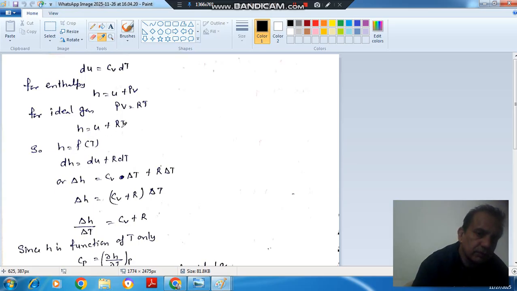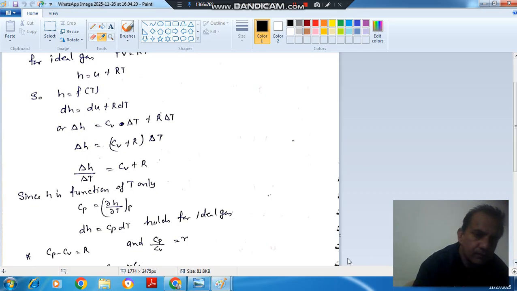This is also a function of T, so h is a function of T. So dh is du plus R dT, and du is Cv dT, so dh is equal to (Cv plus R) dT, and Cv plus R is your Cp, the specific heat at constant pressure, that is (∂h/∂T) at constant pressure.